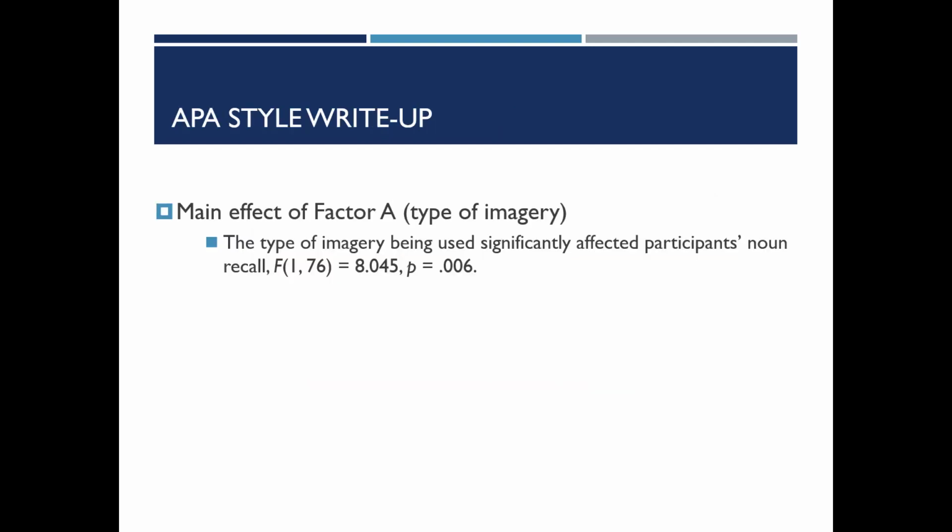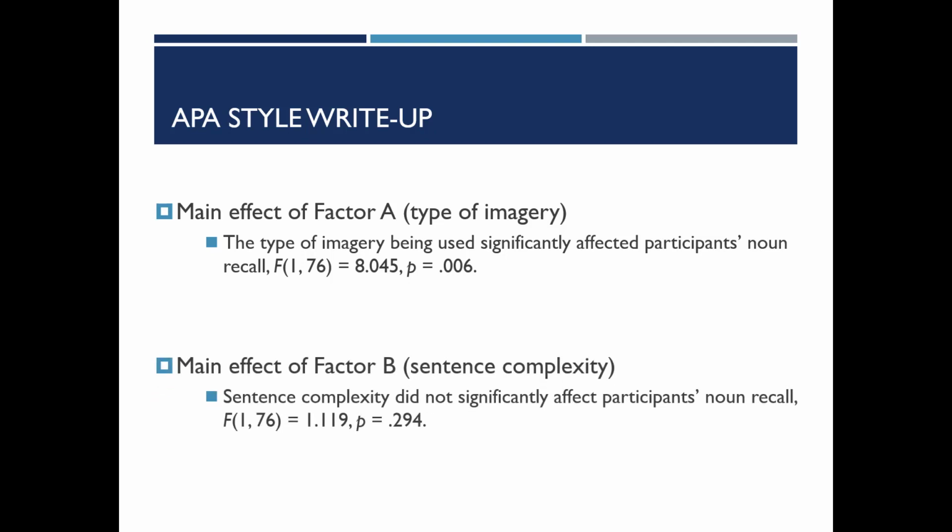For type of imagery, which came up significant because p is less than 0.05, the type of imagery being used significantly affected participants' recall, and then you can insert the F-statistic at the end of the sentence. Sentence complexity was not significant, so the p-value was greater than 0.05. You can just say sentence complexity did not significantly affect participants' recall, and then, once again, add the F-statistic that we had written up.